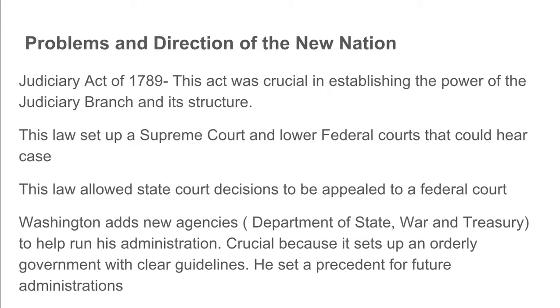And they made a progression that you would go from a state to a federal court, from a federal court potentially to the Supreme Court to hear whether or not something was legal or not. This law allowed for state courts' decisions to be appealed to the federal court.